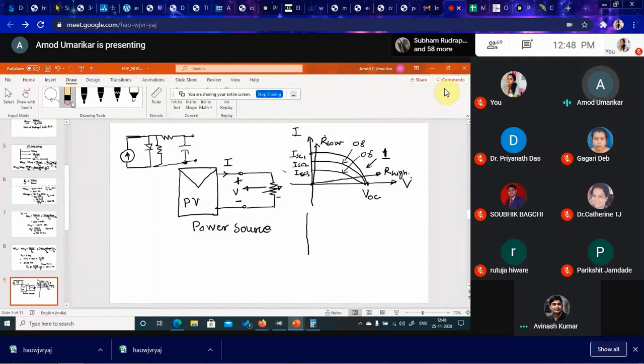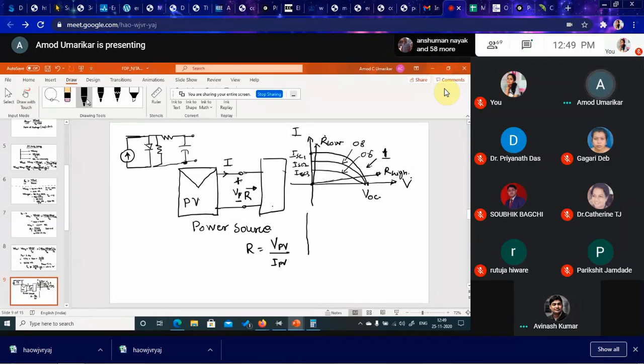So our goal is this: when you connect the solar panel to the external world, the equivalent resistance seen, that is R, is V_PV upon I_PV.